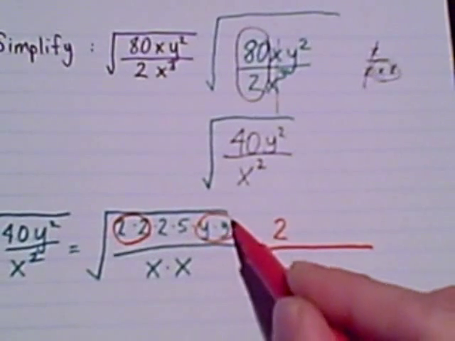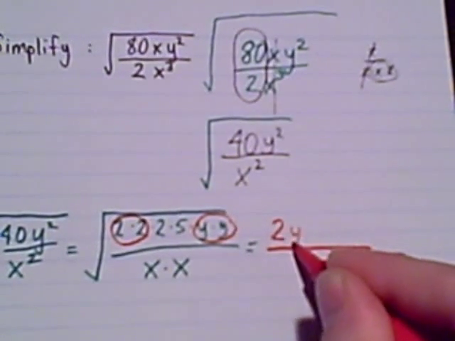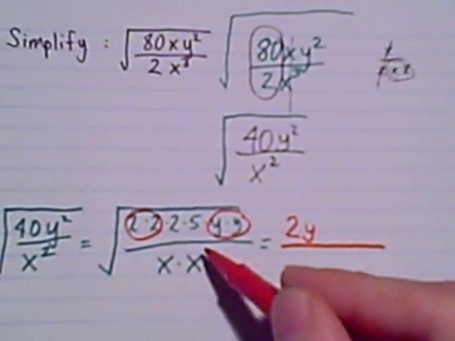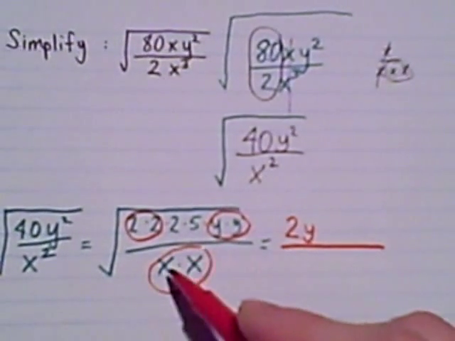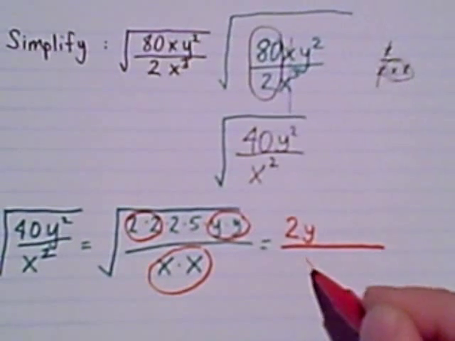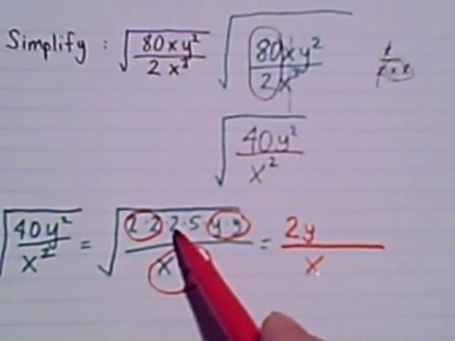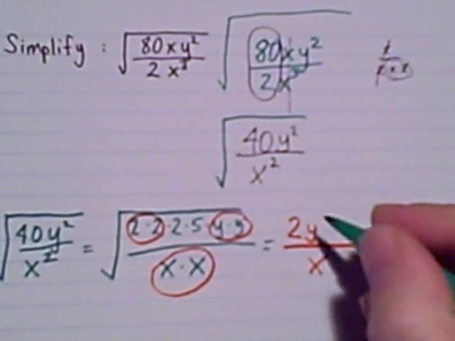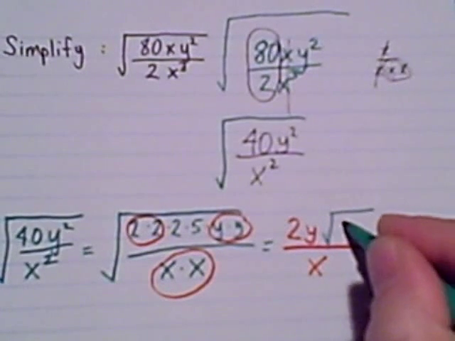There's a pair of y's, 1 y out of the numerator. Okay, here's the denominator. Pair of x's, we can bring out 1x. Now we did have some leftovers, and remember what happens when we have factors that are left over in the radical that we cannot pair up. They remain in the radical.